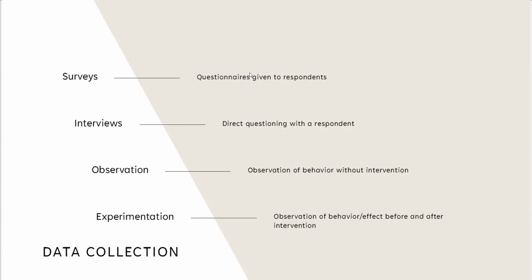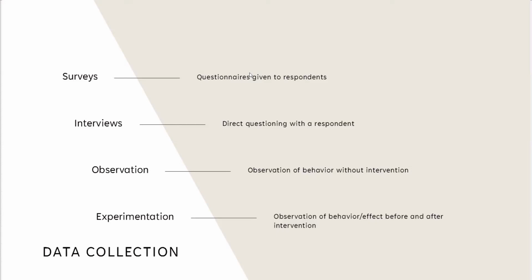Next, interview. You are directly asking questions from the respondent. Next, we have observation. We just observe behavior without intervention. We record what we could observe from what is being done by the participants of our study.